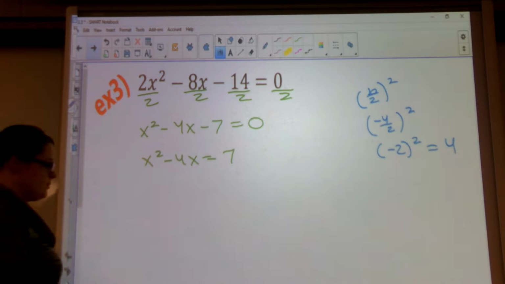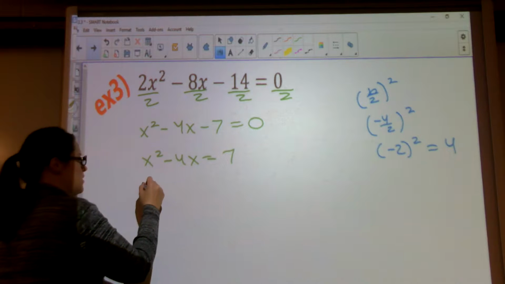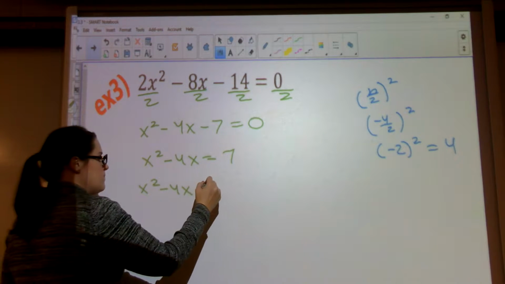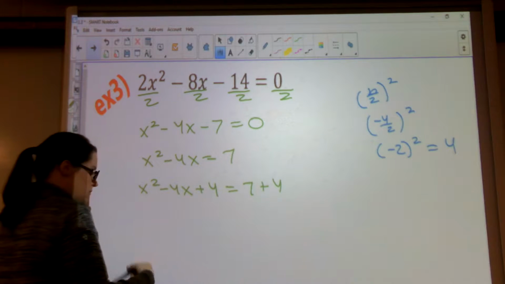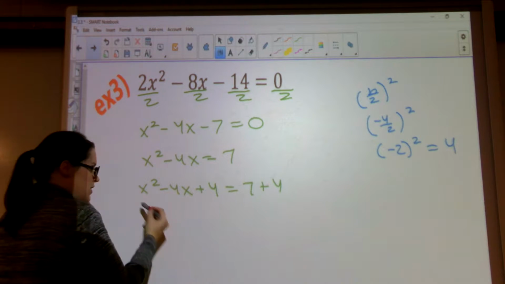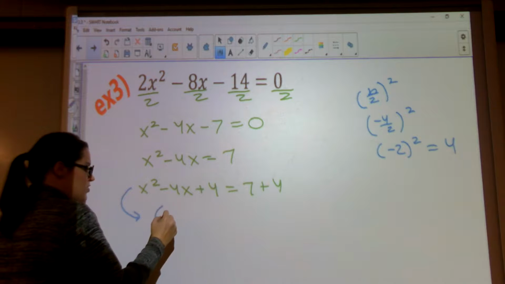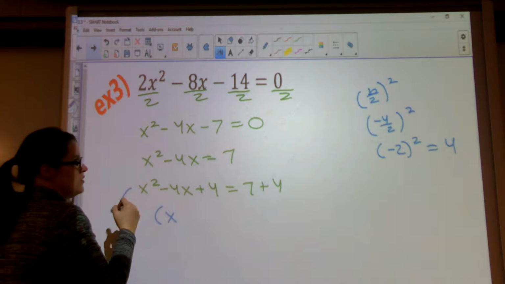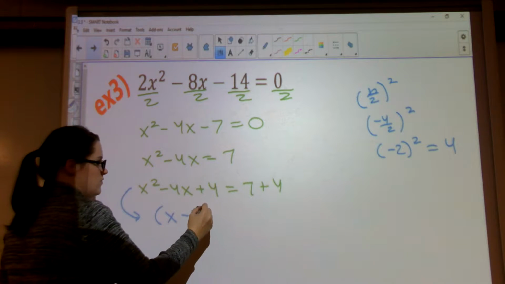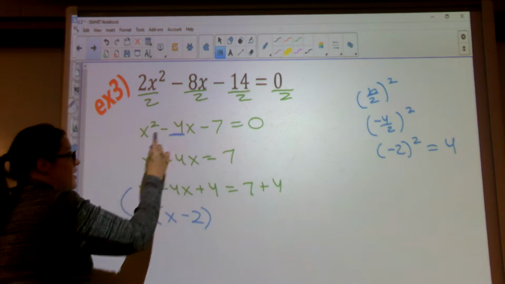Going to add 4 to both sides. Okay, here's where the magic happens. This is always going to factor to be x plus b over 2. What was b over 2? Negative 2.